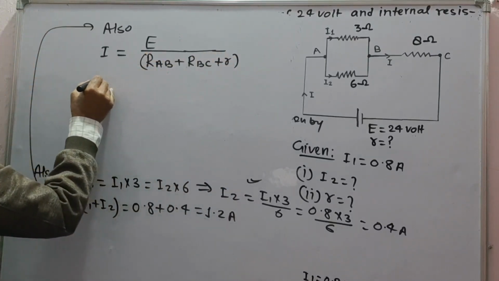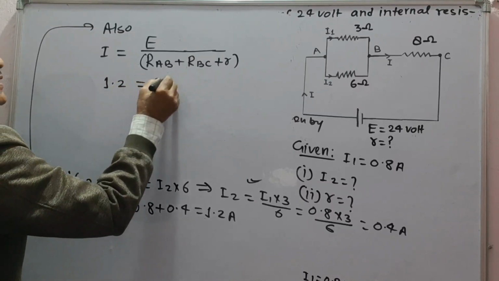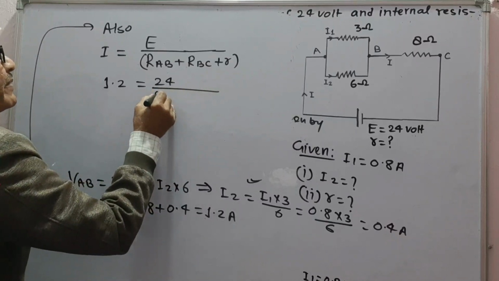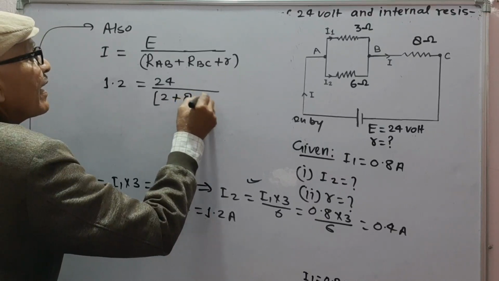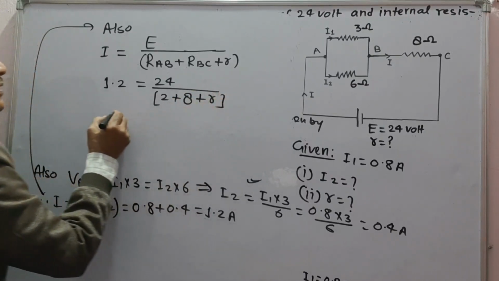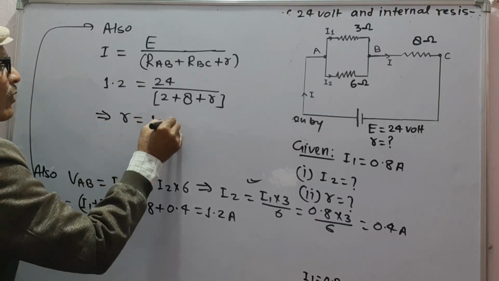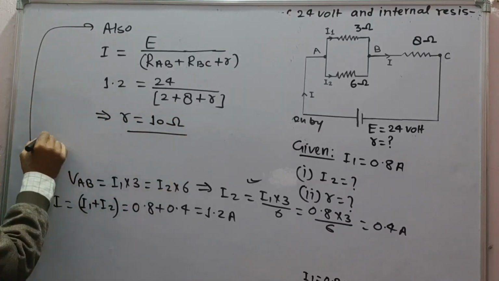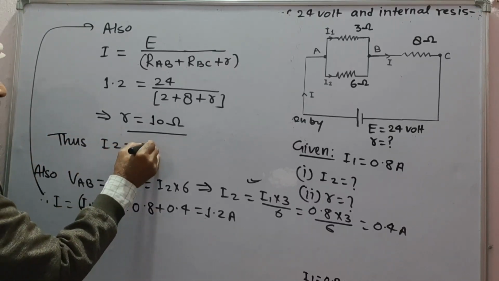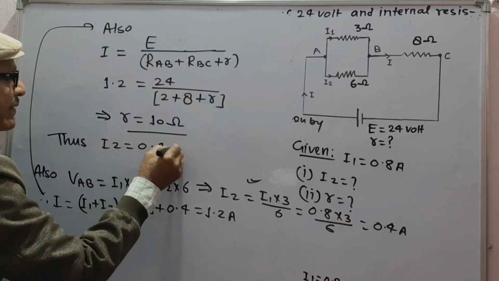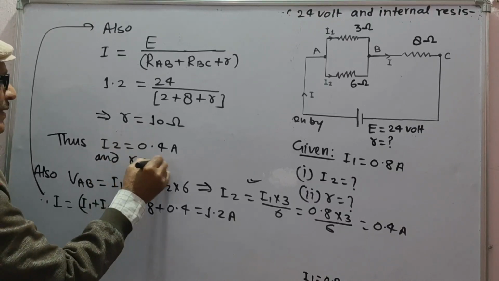So, I is 1.2 is equal to 24 upon RAB is 2, RBC is 8 and internal resistance is unknown. So, we get small r as 10 ohms. Thus, I2 is 0.4 ampere and internal resistance is 10 ohms.